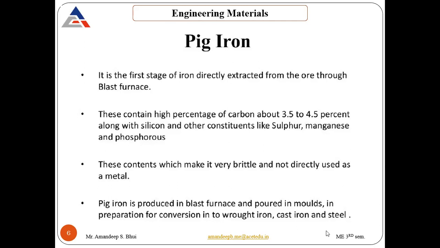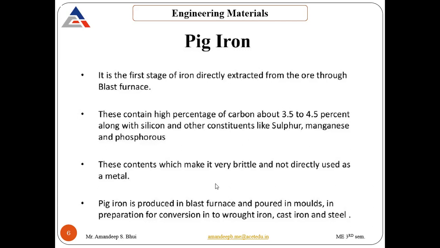Now because the carbon content is very high in it, 3.5 to 4.5%, this makes the pig iron very brittle, and we cannot directly use this metal for making different components. Okay.